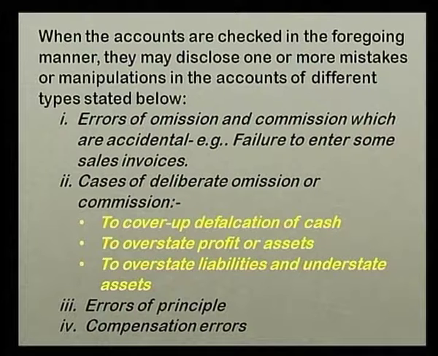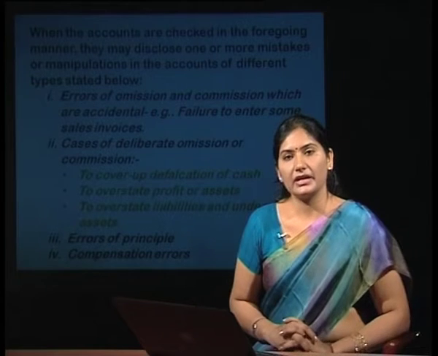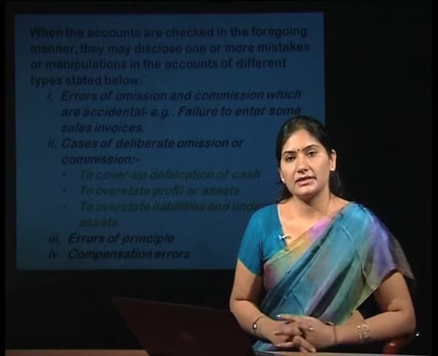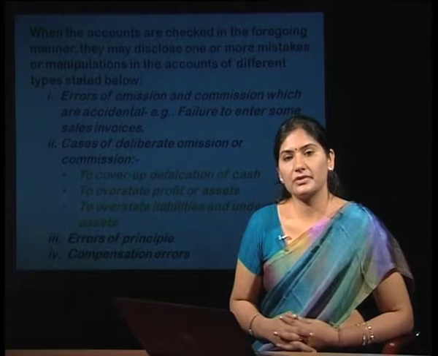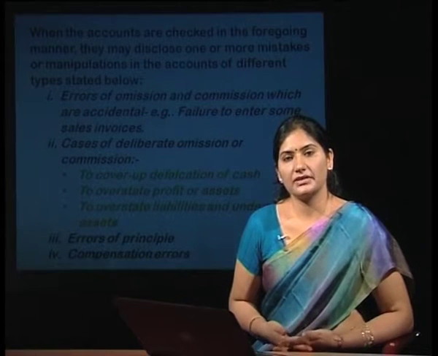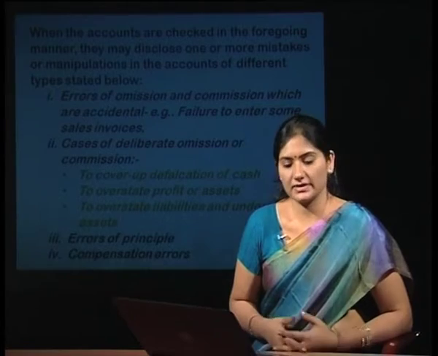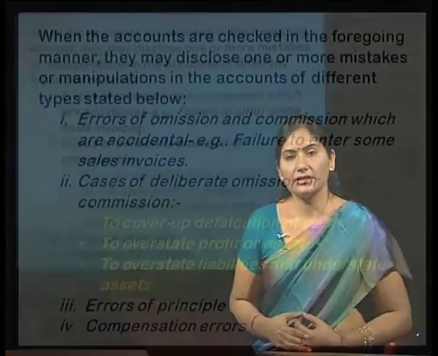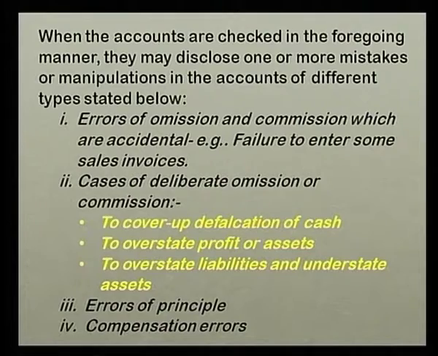The third kind of error is the error of principle. When the accounting principles have not been applied by the accounting professional in a proper manner, such errors occur. There could be a wrong treatment of revenue expenditure as capital or vice versa. And the last one is the compensating error. Compensating errors occur because of errors of a mitigating type, in which the understatement of one account gets covered up by the overstatement of another account.